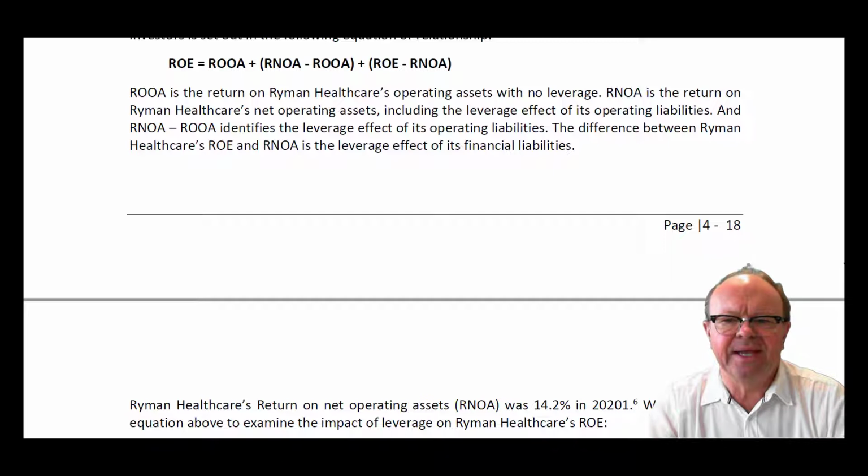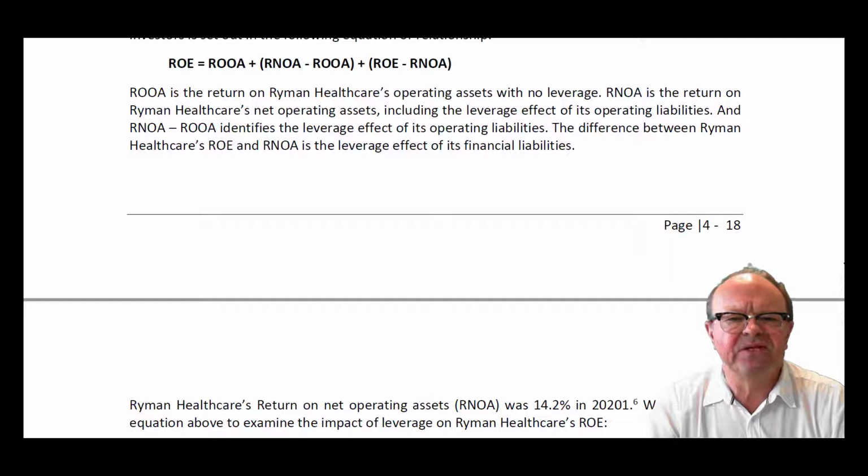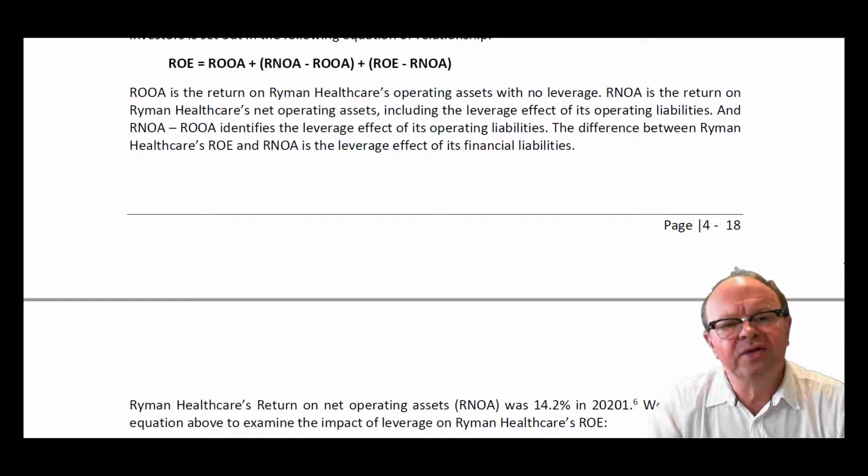Return on net operating assets is the return on Ryman Healthcare's net operating assets, including the leverage effect of its operating liabilities. And return on net operating assets minus return on operating assets identifies the leverage effect of its operating liabilities. The difference between Ryman Healthcare's return on equity and return on net operating assets is the leverage effect of its financial liabilities.